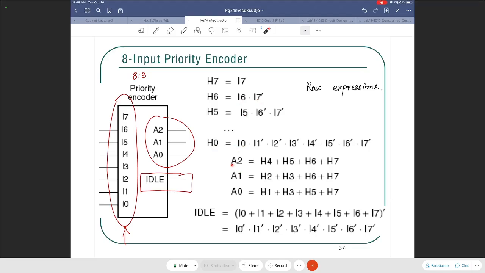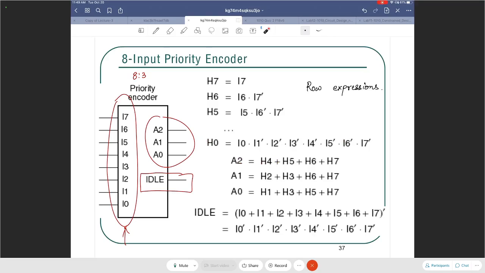But when you put the row expressions together to get the outputs, in this case you are calling it A2, A1, A0, we called it Y2, Y1, Y0. You have 1, 3, 5, 7. We had just 1 and 3 for the least significant active high output earlier. Then 2, 3, 6, 7, we just had 2 and 3. 4, 5, 6, and 7, we didn't have this output earlier. Again, H0 is not appearing here, right?